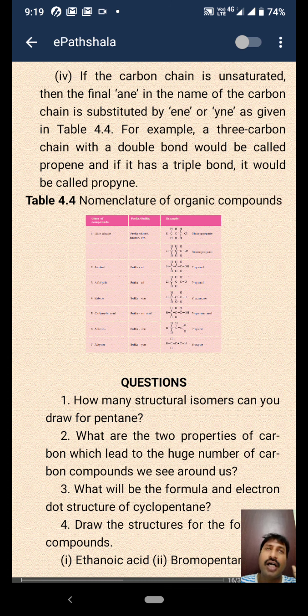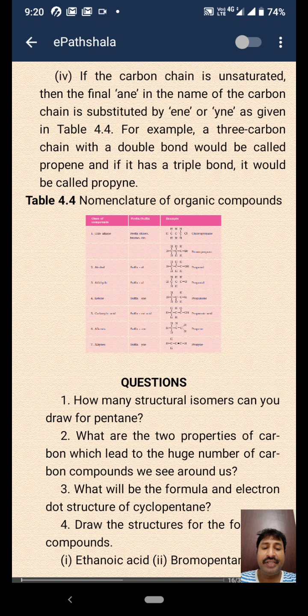Nomenclature: how to name a compound. It's very important. In the tabular column given there, see where the alcohol has been placed. For example, propane has three carbons joined together, and at the end the alcohol OH group is added, so we call it propanol.